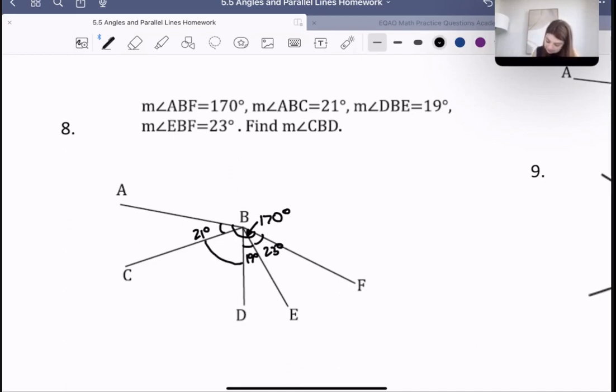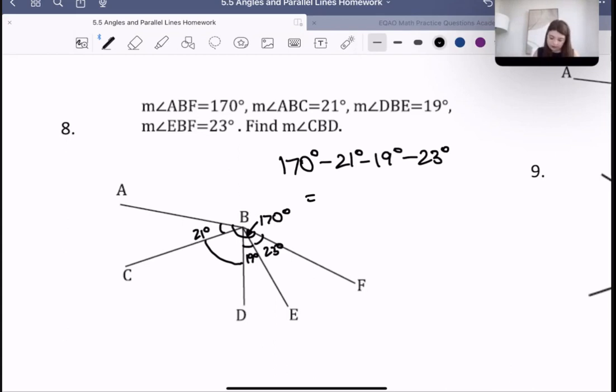Okay. So CBD is going to be 170 degrees, right? That's the whole thing, minus the other angles. So minus 21 degrees, minus 19 degrees, minus 23 degrees, okay? And do keep in mind, CBD does look like a really big angle, right?